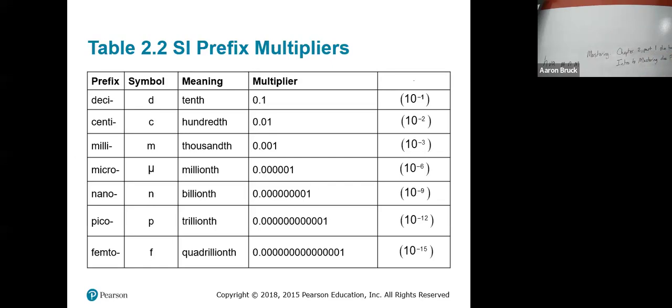On this side of the ledger, where we have smaller quantities, these ones can tend to be seen a little bit more. Again, thinking about things in terms of distance, we generally know what a centimeter is. We generally know what a millimeter is. Micro and nano have found their way into popular discussion, maybe not in the proper context always, but we know that they mean something small.